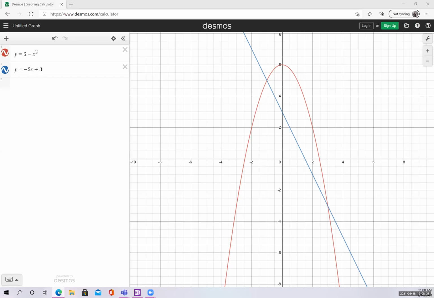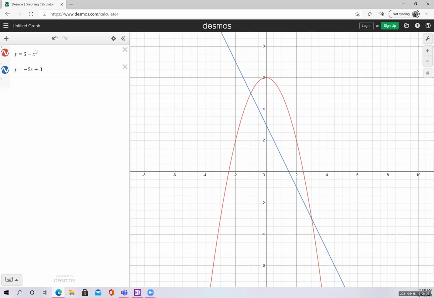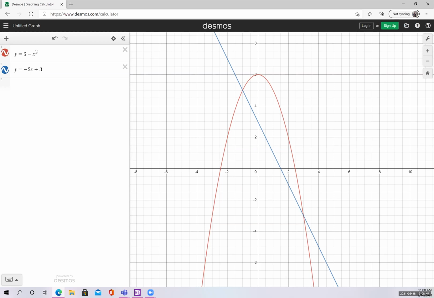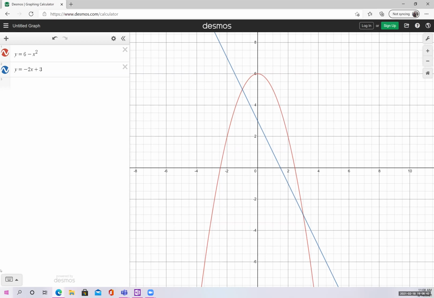Okay, so I just went to desmos.com, pulled up the graphing feature and plugged in the 2 equations we had. So we started with a function 6 minus x squared, and then we found the equation of the line, -2x plus 3. If you look at this, you'll see that we have a point here, which we found when x was -1, y was 5.